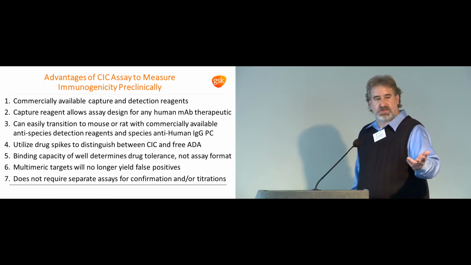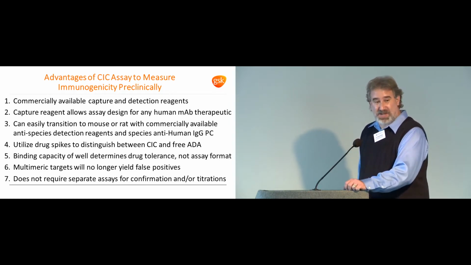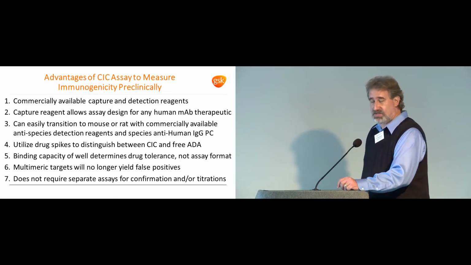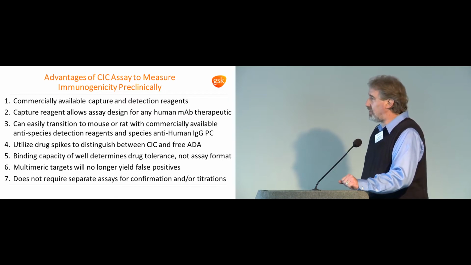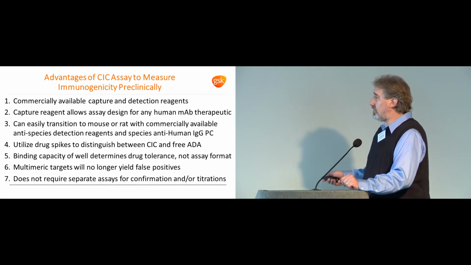I know with Bristol Myers Squibb, there's a lot of those coming down the pipeline. Same thing at GSK. There's been a lot of resources given to developing human monoclonals. So we know that this assay format for preclinical, at the very least, will be very important to utilize for all of those compounds coming down the pipeline.